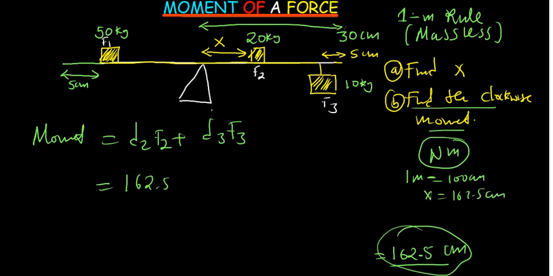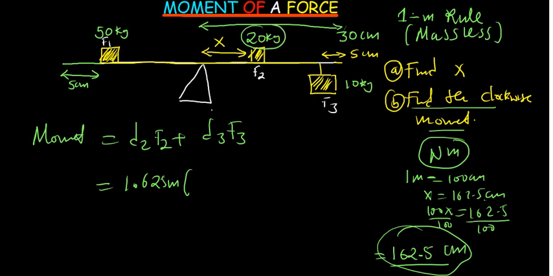So multiply x by 100, that will be 100x. Multiply 1 by 162.5, and then divide both sides by 100. So the answer is going to be 1.625. So that will be the distance that we are going to use, 1.625 meters, multiplied by the force 2.